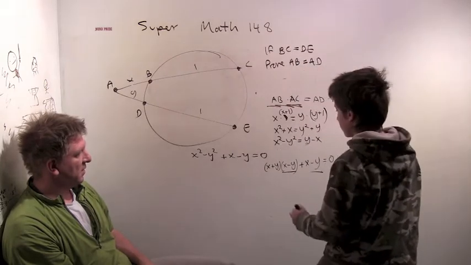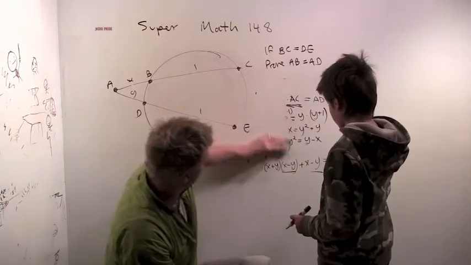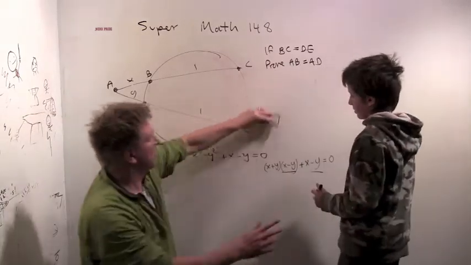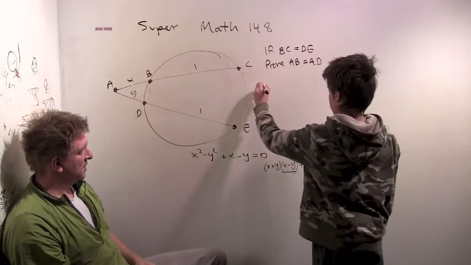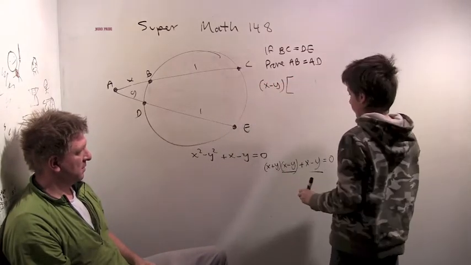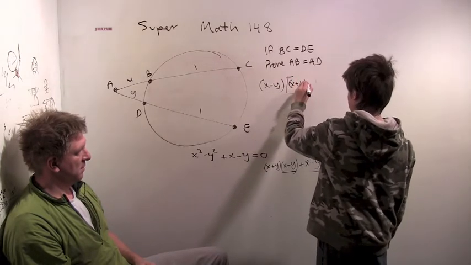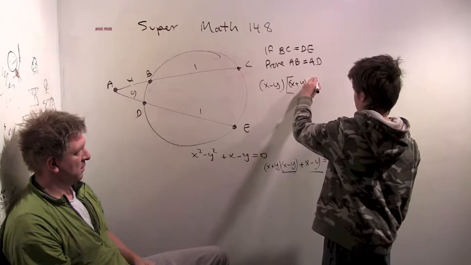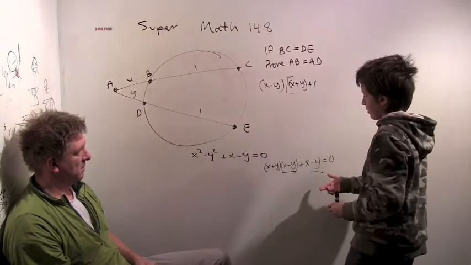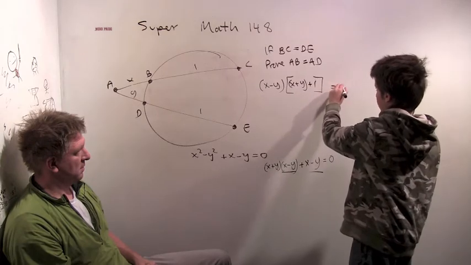So this is equal to what? (x minus y) times what? Step over just a little bit. So this is (x minus y) times (x plus y plus 1) equals 0.